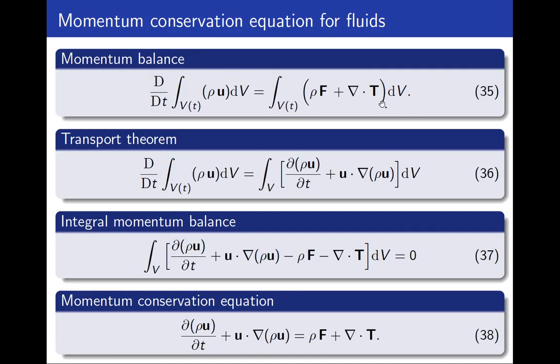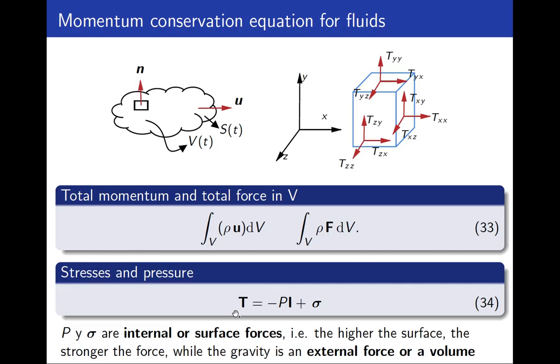So I skip this step because it takes some time to express this. Because we have to make some balance of forces here. We have to express this as an area, as a surface integral. But then if you remember our video on the mass conservation equation, we used the divergence theorem to express a surface integral in terms of a volume integral.